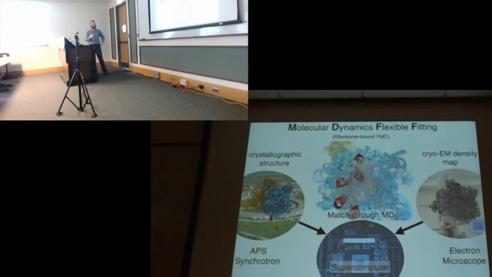However, it's in a conformation that's closer to a physiologically relevant state because you're not doing the intense crystallization process to your system. And so what we would ultimately like is to have a high-resolution view of our system in full atomic detail, but captured in the conformation found in the cryo-EM density. And so what we can do is computationally combine these two data sources, and we do it through molecular dynamics, hence the name molecular dynamics flexible fitting.